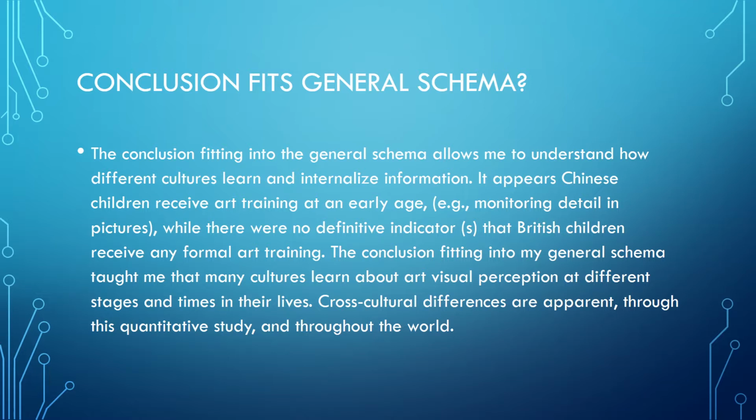So, in conclusion, fitting to the general schema, I believe that different cultures learn at different times, in different stages in their lives. Cross-cultural differences are apparent through this quantitative study and throughout the world.